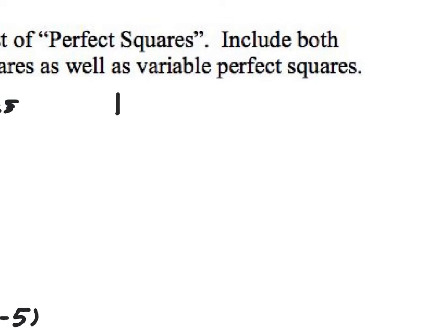If I take 1 squared, that's 1 times 1, that's going to give me 1. If I take 2 squared, I'm going to get 4. So all these numbers can be rewritten as something squared.